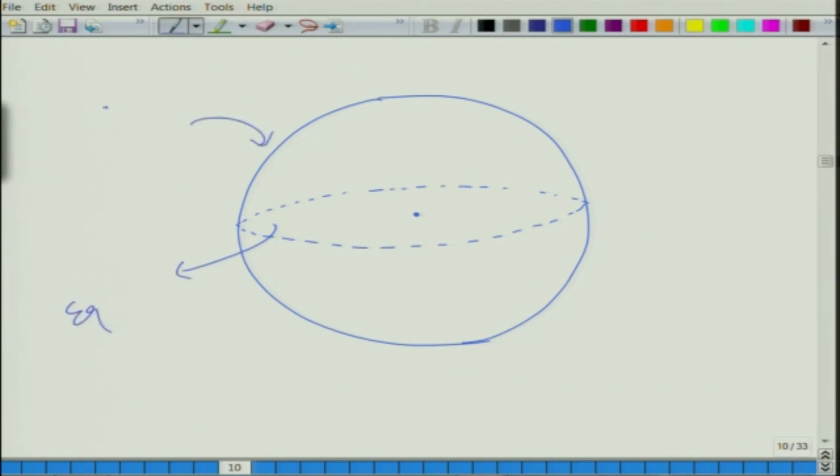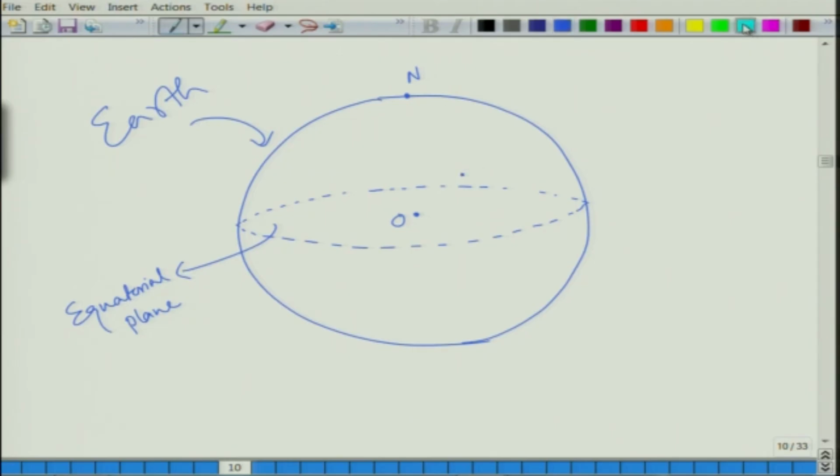Okay, first this is our earth and this is the equatorial plane. And here you can draw the north pole. Let us say the center of the earth is O, okay. And let us say that the observer location is here.